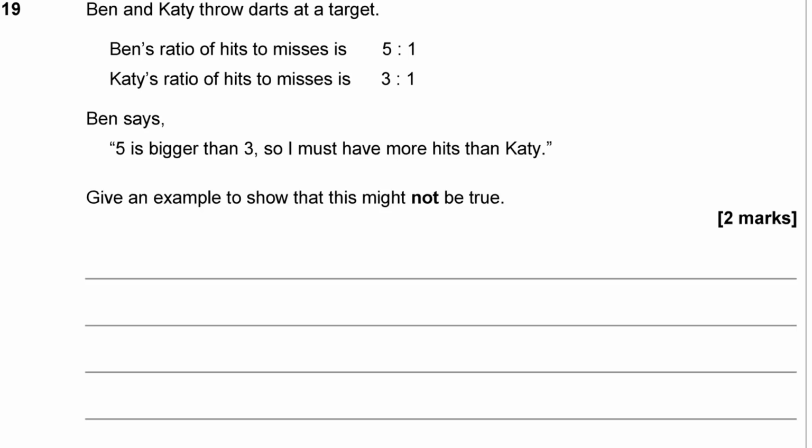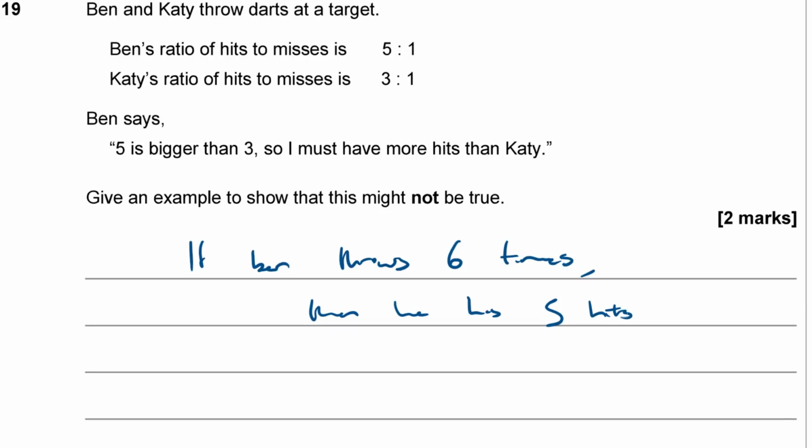Okay, so a ratio is just the amount of hits to misses. So let's say that Ben threw 6 times. So if Ben throws 6 times, then he has 5 hits and 1 miss.